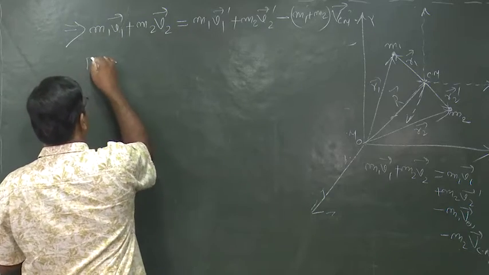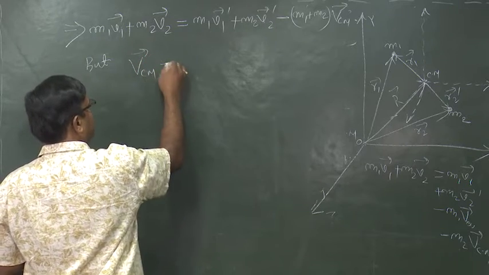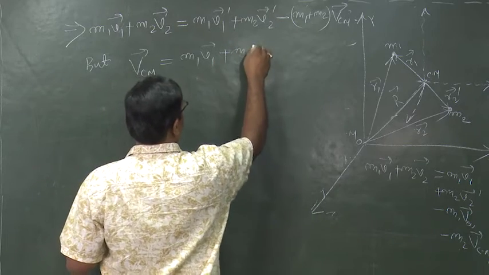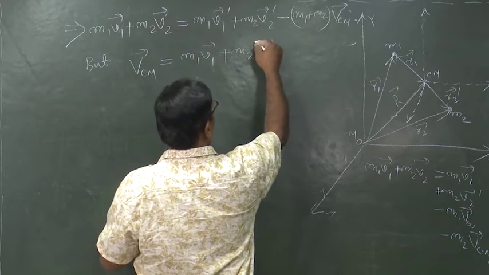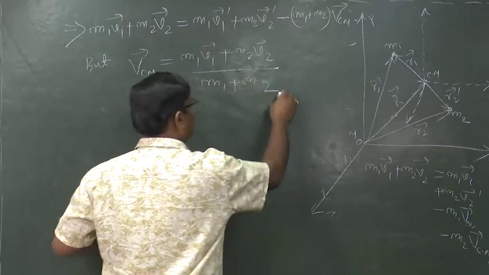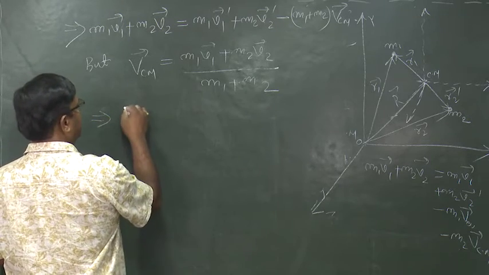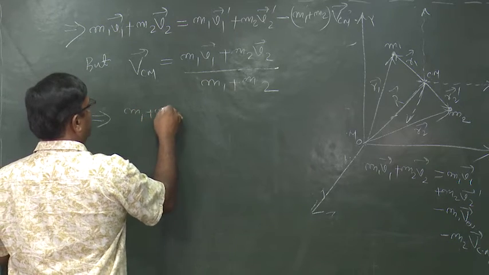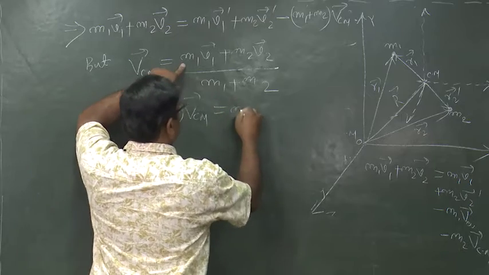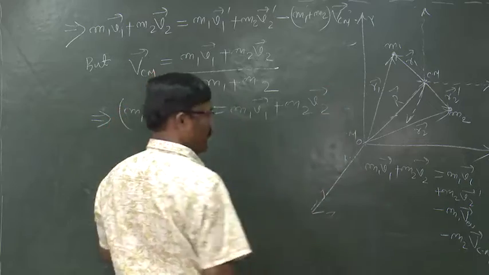But we know that v center of mass is equal to m1 v1 plus m2 v2 divided by m1 plus m2. Now, taking this, we can write m1 plus m2 into v center of mass is equal to m1 v1 plus m2 v2.